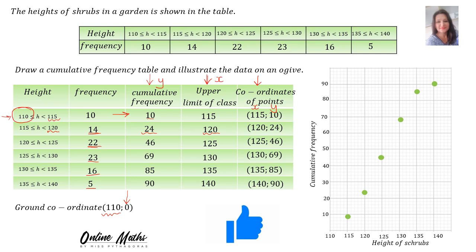Therefore, the ground coordinate is the point 110 and 0. Then you join all your dots. Remember, it's a smooth curve, not straight lines. And there's your ogive. Then you label your x-axis as the height of the shrubs, and the y-axis as cumulative frequency.